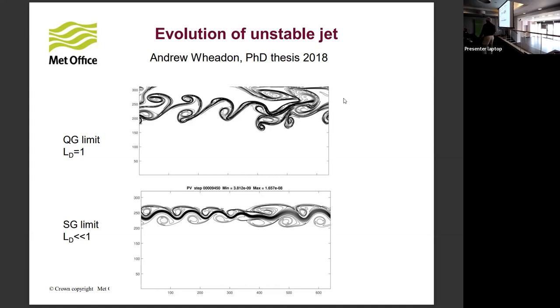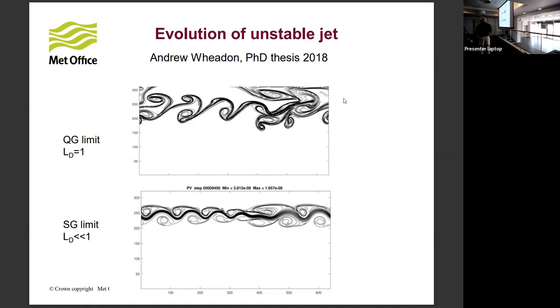So can you explain a little bit what you are plotting here? I'm plotting potential vorticity from full shallow water. So this has nothing to do with the model that we saw before. The previous plot was again full shallow water on a sphere. This is full shallow water on a plane. These are not the simplified models.